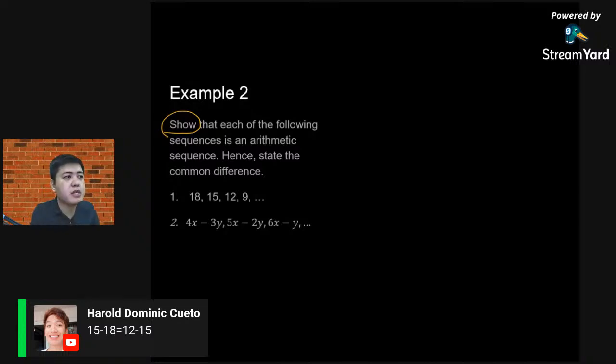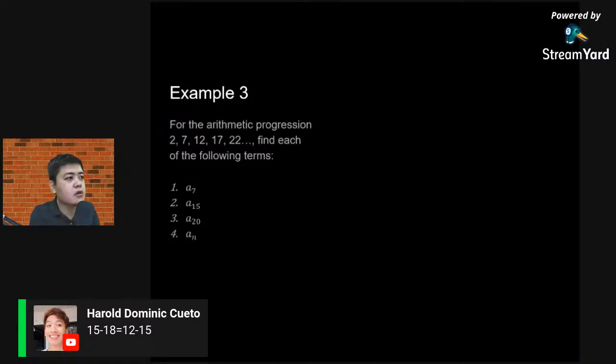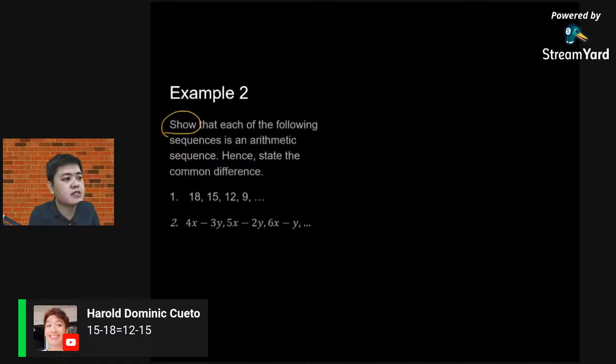Okay. Sabi daw, to show that this is an arithmetic sequence, anong sabi ni Harold? It's 15 minus 18 is equal to 12 minus 15. Yeah, very good. Basically, this is it. So, ang mga terms natin pwede nating ilagyan ng, for 18, 15, 12, and 9, this is a sub 1, a sub 2, a sub 3, and a sub 4.